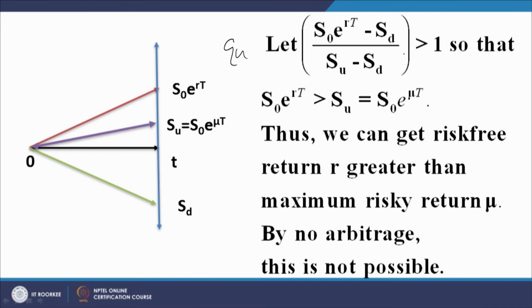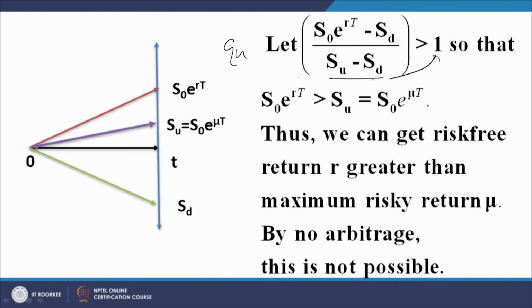If this expression is greater than 1, then by cross multiplying, what we have is that S_0 e^(rT) is greater than S_u, because if you cross multiply, the S_d and S_d will cancel out and you will get S_0 e^(rT) is greater than S_u.